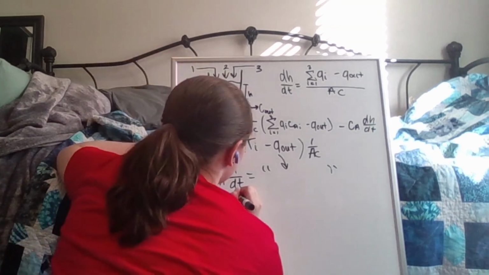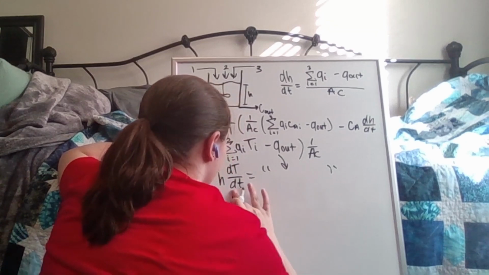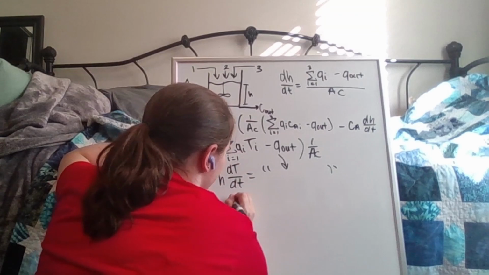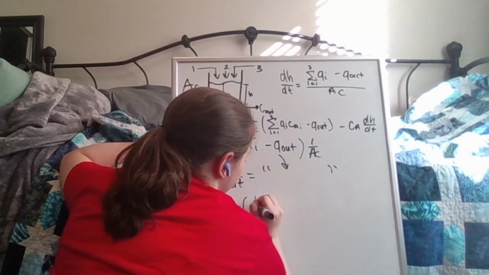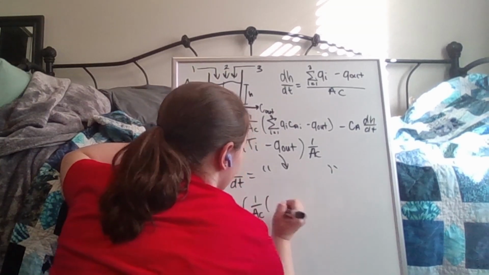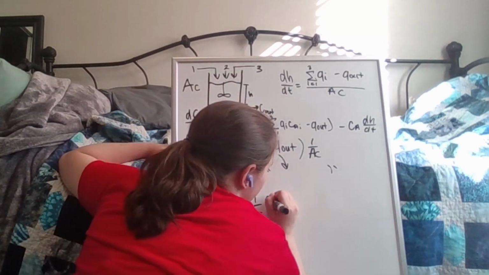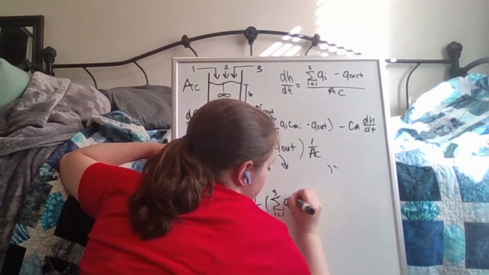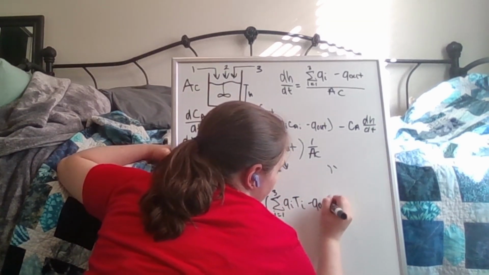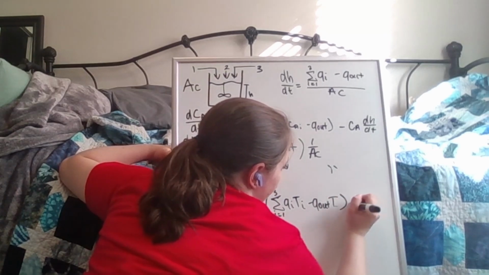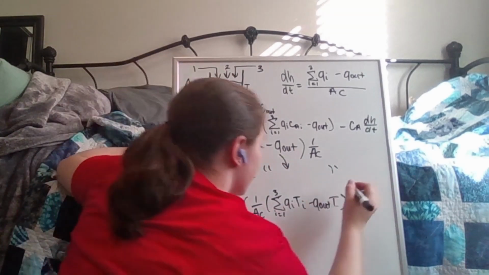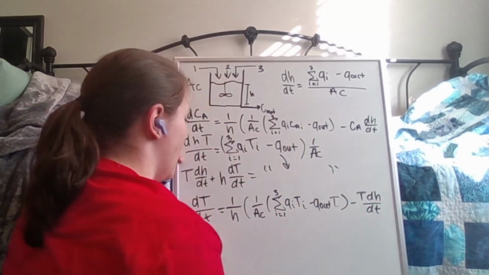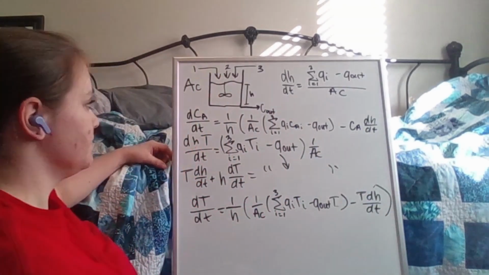That is going to be equal to, and I'm going to write it this way for consistency purposes, 1 over h, parentheses, 1 over A_C, another parentheses, summation i from 1 to 3 of Q_i T_i minus Q_out T, and that subtracted by our T dh/dt, and close parentheses.